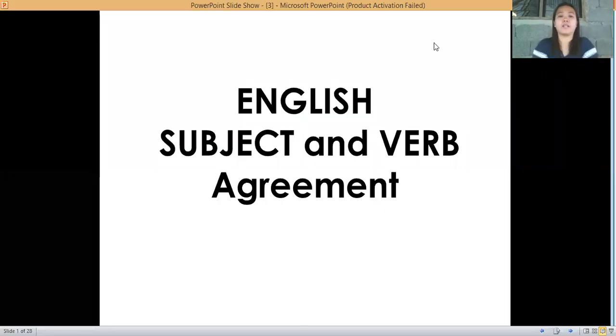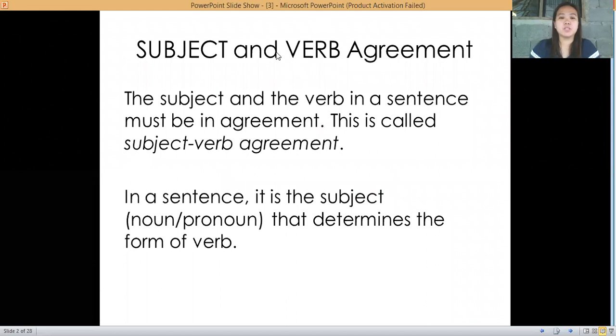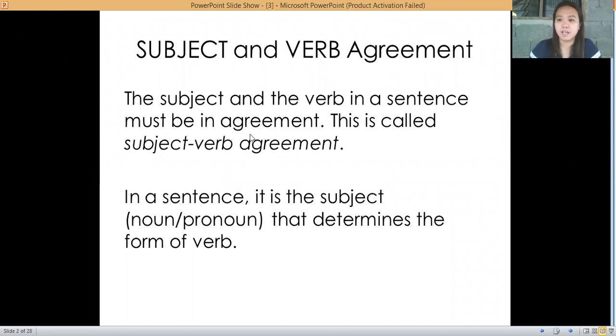It's now our English. And the topic for our English is subject and verb agreement. So the subject and the verb in a sentence must be in agreement. They should agree with each other. This is called subject-verb agreement.